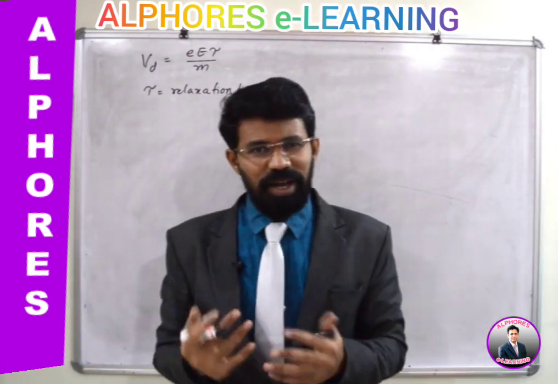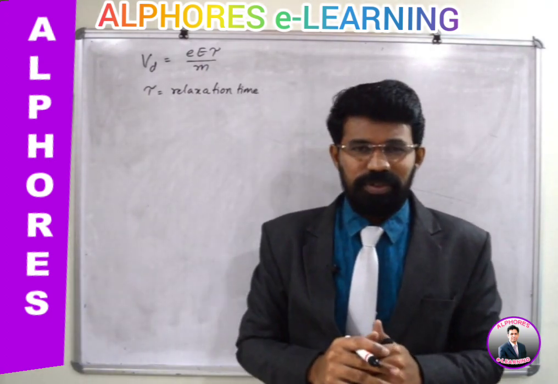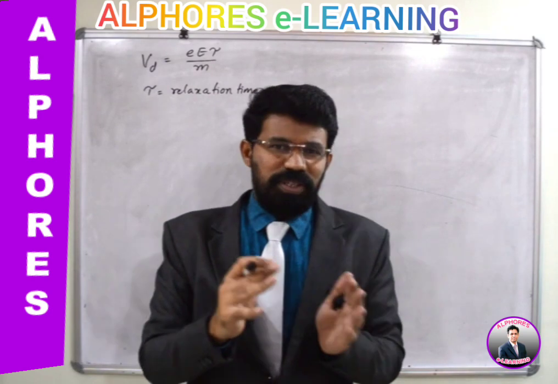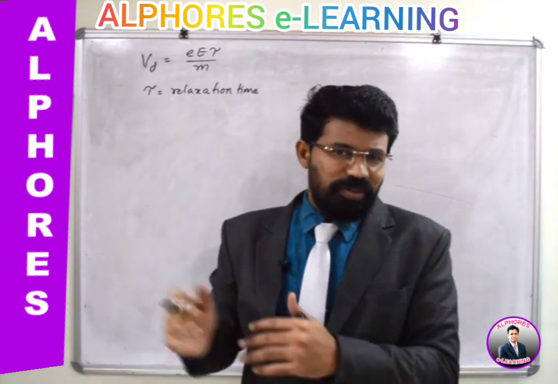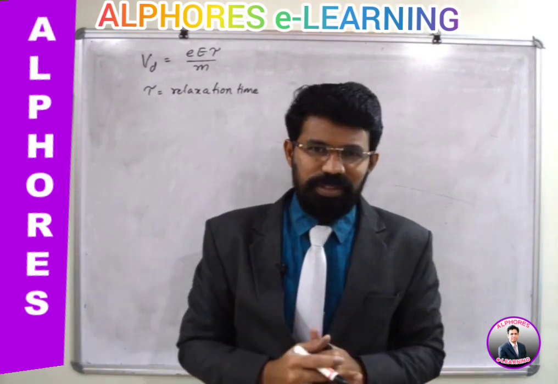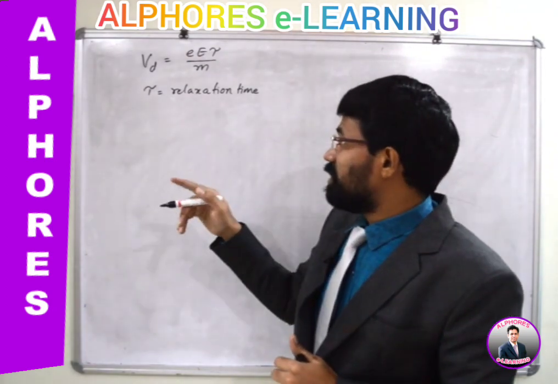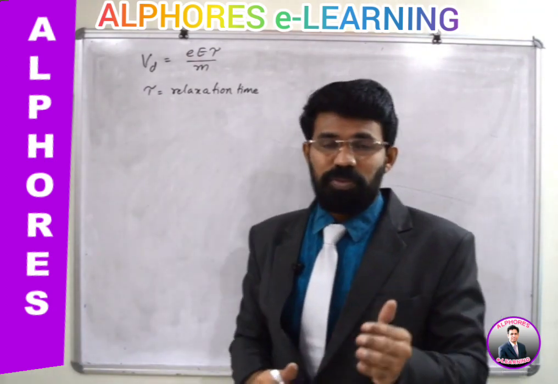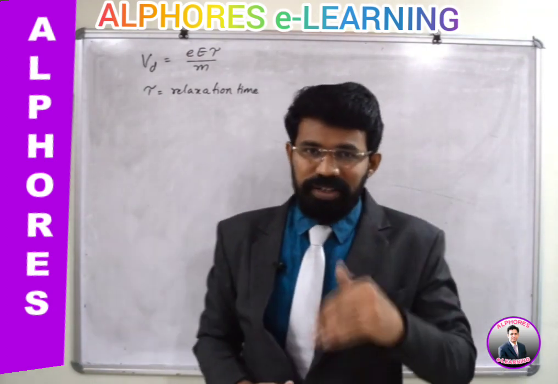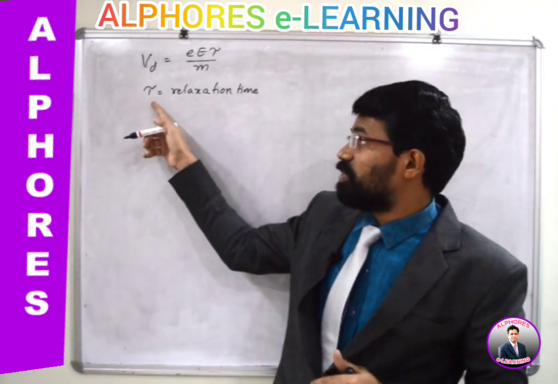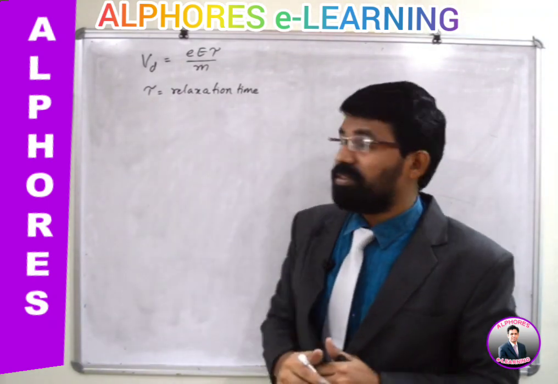Even this is an average value only. Yesterday you might have seen the derivation, where tau 1, tau 2, tau 3, up to tau n values were taken and averaged, and finally (tau 1 plus tau 2 plus and so on, tau n) by n is replaced with tau, and this tau can be called relaxation time.